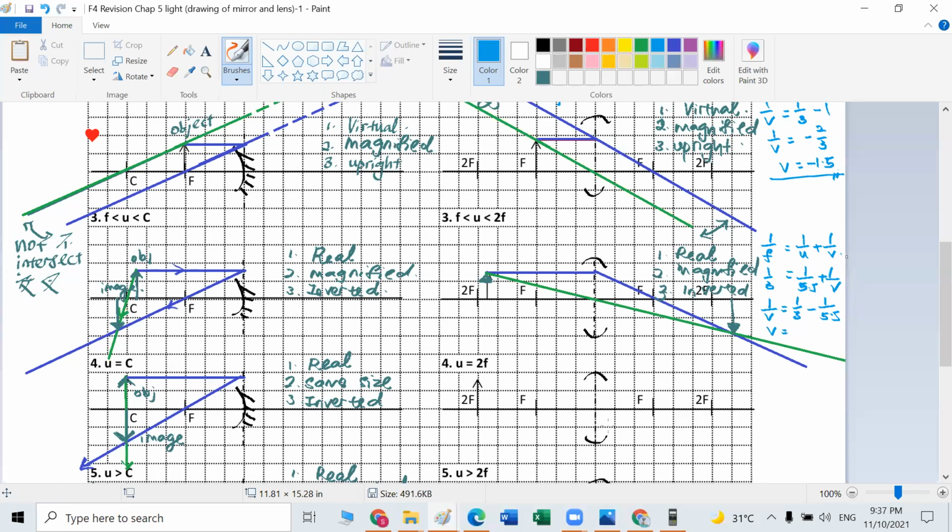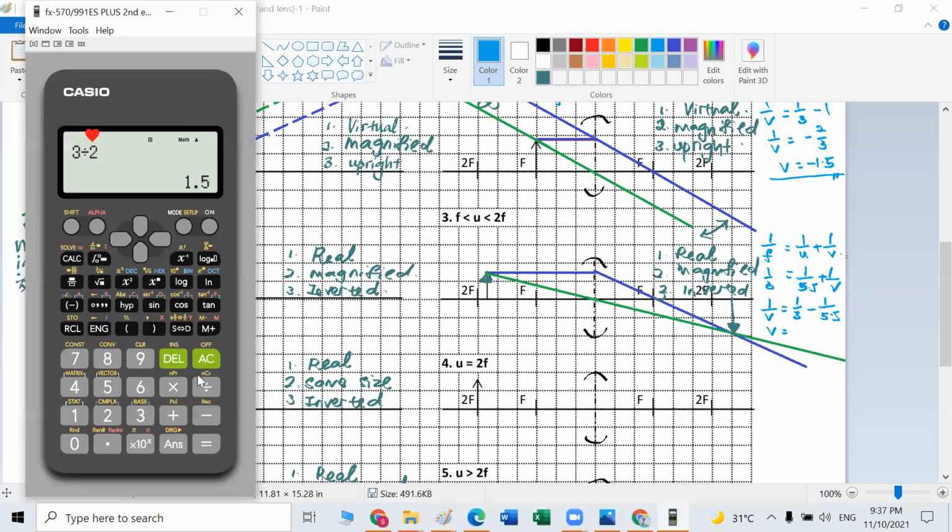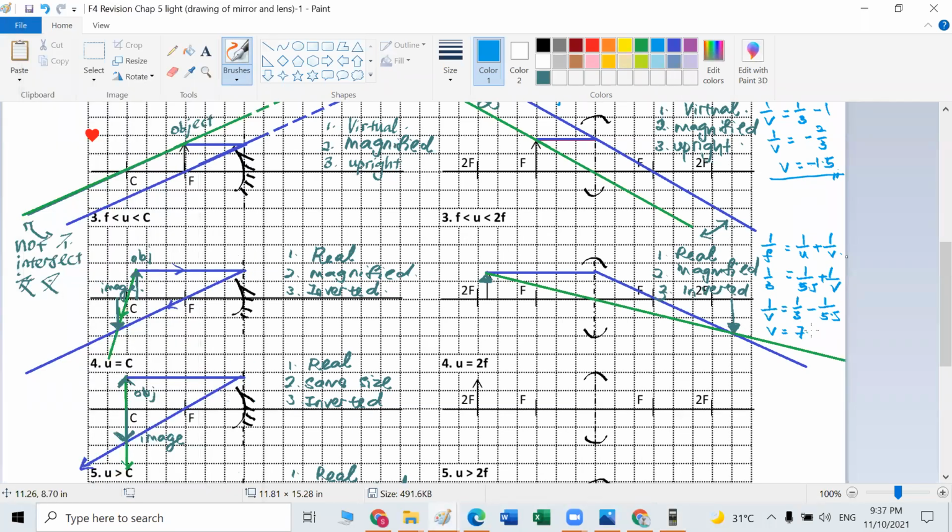So V equals, 1 over, bracket, 1 over 3 minus 1 over 5.5, then 1 divided by answer. 7.5 units.